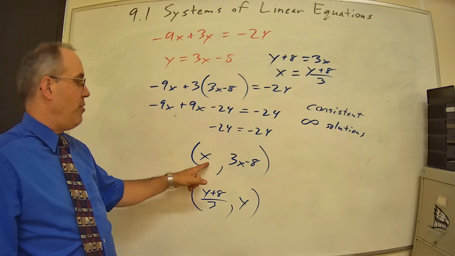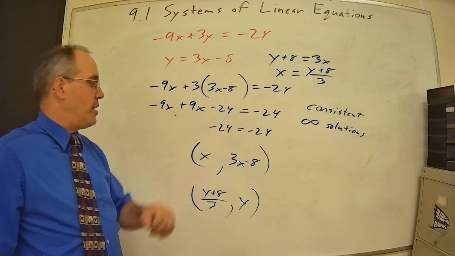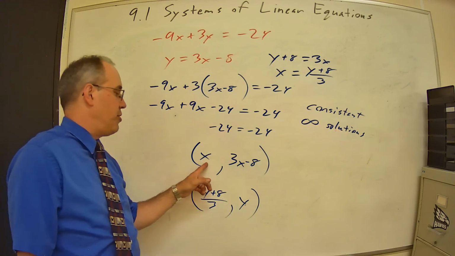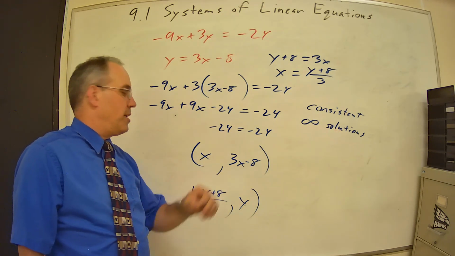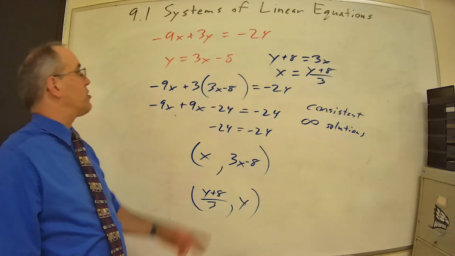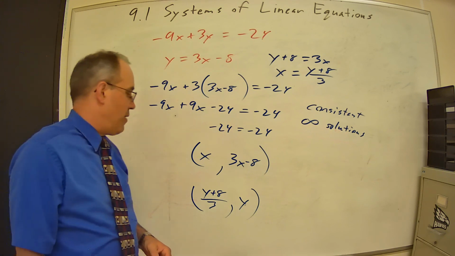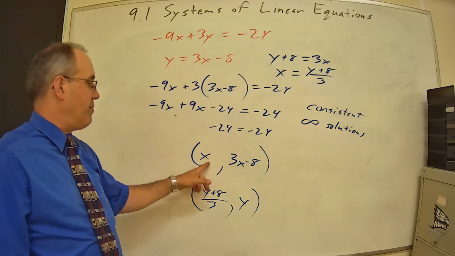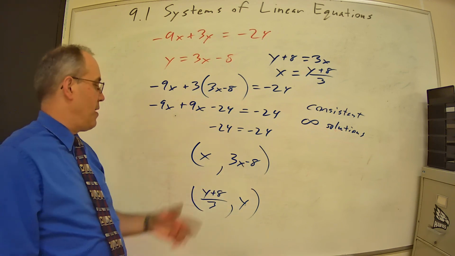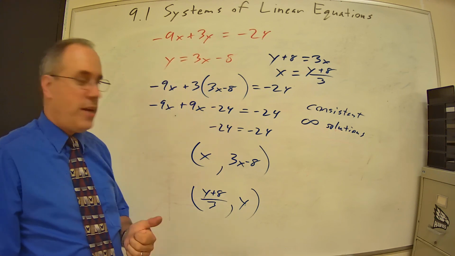Give me an x value, plug that x value into 3x minus 8, and that's going to be a solution to it. So if x is equal to 2, 3x minus 8 is negative 2, so (2, negative 2) is a solution to these two equations. If I say x is equal to 5, 15 minus 8 is 7, so (5, 7) will be a solution to these two equations.